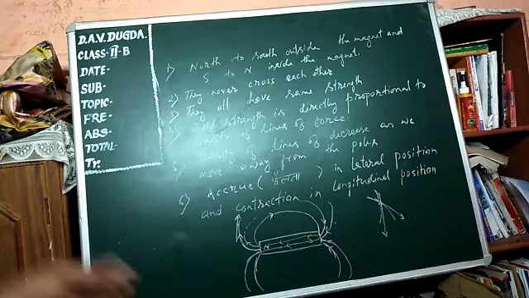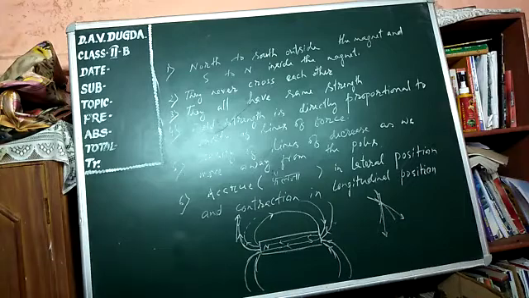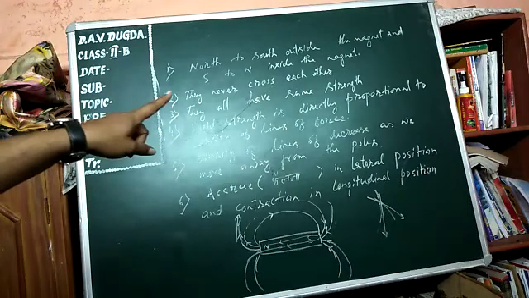So when the lines are coming out from a north pole and emerging towards the south pole, they all have equal strength. So the third property is that they all have the same strength.